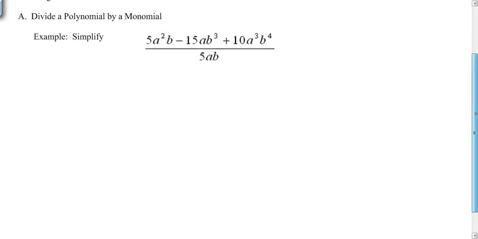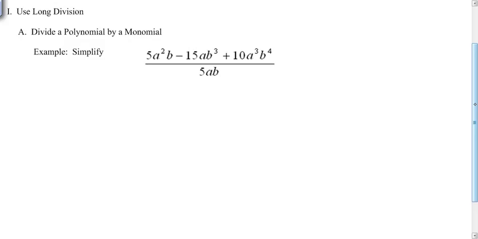Now, when we're looking at these, our first topic is going to be on using long division. We'll get to that in a second because our first example is actually even more simple than using the long division process. In this one, because we are dividing a polynomial on top by a monomial on bottom, so the polynomial is our dividend, the monomial is our divisor, we can shorten our process up by a ton, actually.